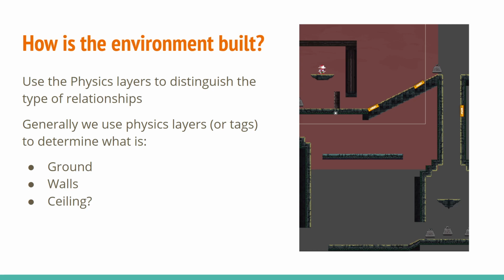You can determine what is the ground, what is a wall, what is a ceiling. Maybe things are both. If it's a platform and you touch it from beneath, well, now you got to get fancy. It's not just enough to say, are you touching the ground? What angle did you come up from?